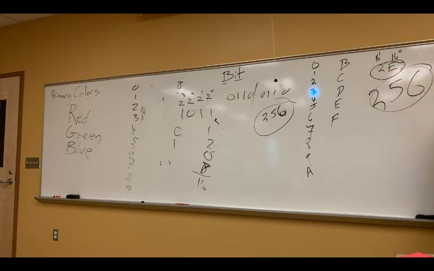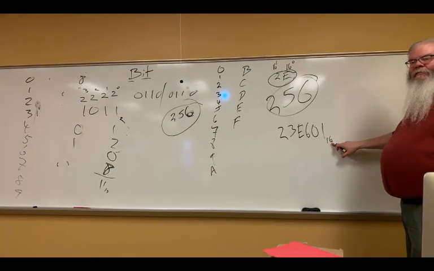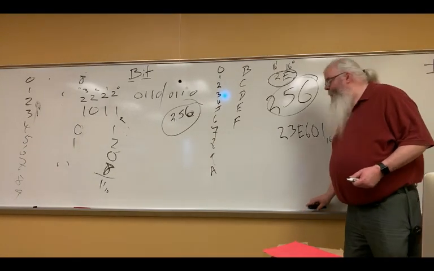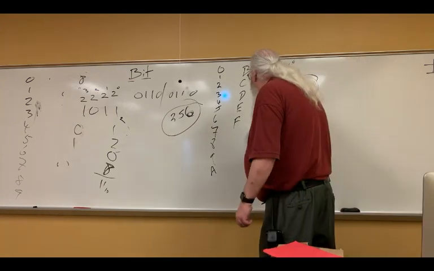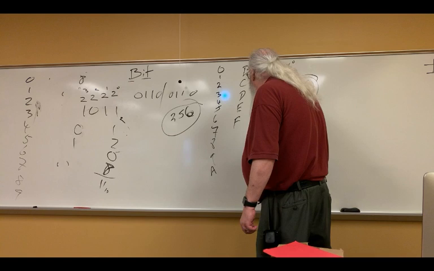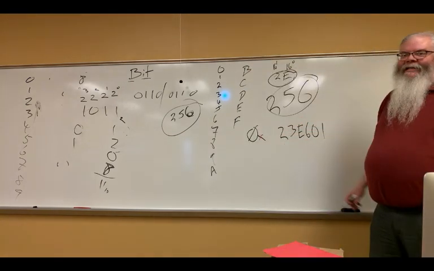And the way that we tell everybody that it's base 16, I'm just going to write a number up here, 23E601. The way that we tell the world that this is base 16 is by putting a subscript 16 to the right. That's one way. Another way is to go 0x.